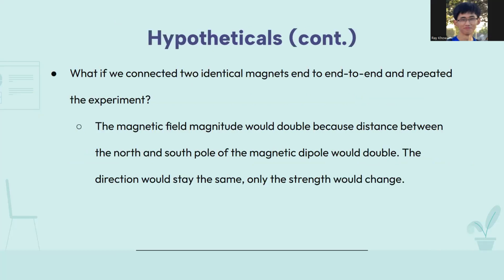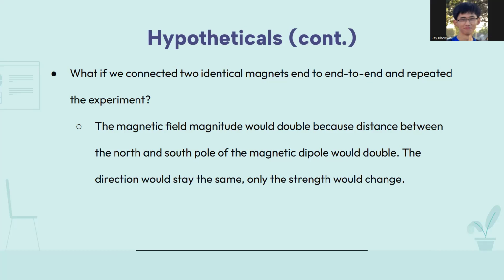And then as for the second hypothetical, if we connected 2 identical magnets end to end, then in my hypothesis, the magnetic field would double, and this is because the distance between the north and south pole of the dipole would double.